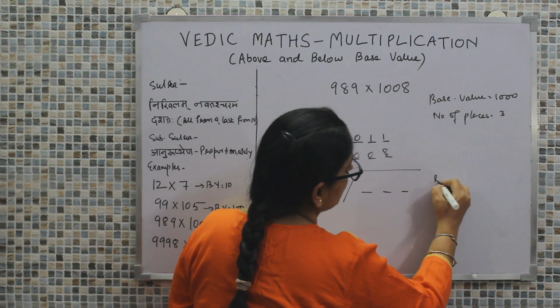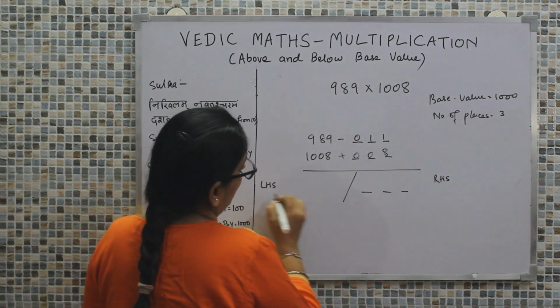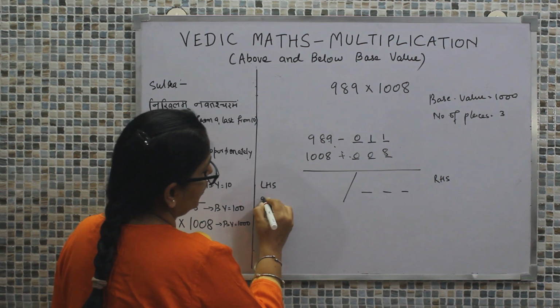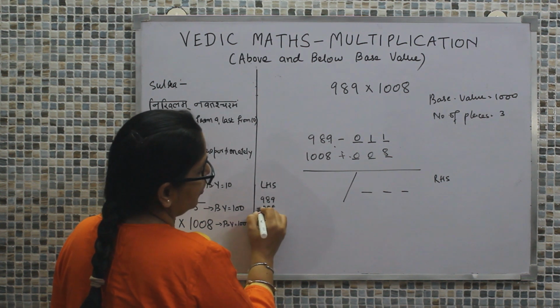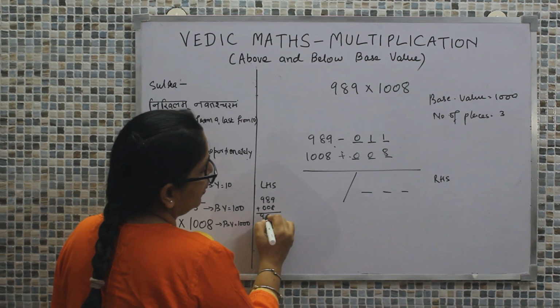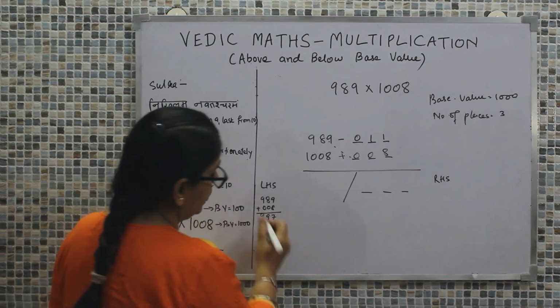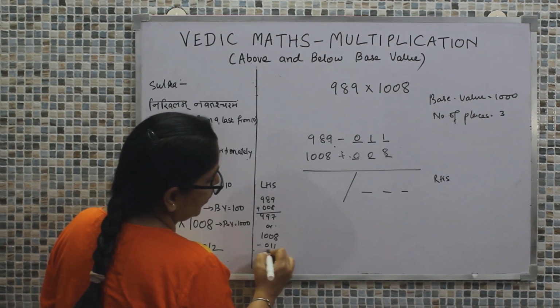Now let's work out the calculation for the RHS and the LHS. LHS talks about diagonal addition or subtraction. So we have 989 plus 008, so we have 997. Or the other way out is 1008 minus 011.